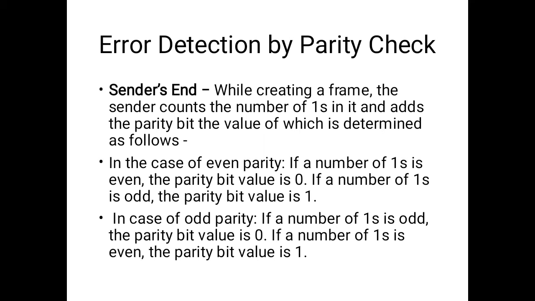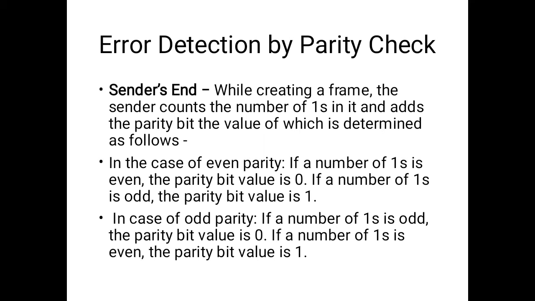The sender counts the number of ones in it and adds the parity bit, the value which is determined as follows. In case of even parity, what is happening? It will count the number of ones first. If the number of ones are even, then parity bit value is 0, because already the numbers are even. If a number of ones are odd, then parity bit P will be equal to 1, so that number of ones will be even. This is in case of even parity.